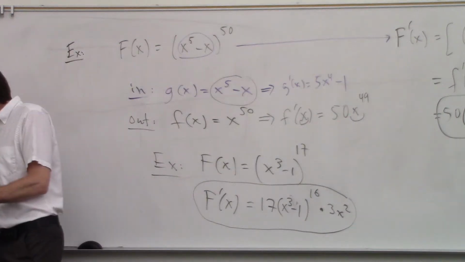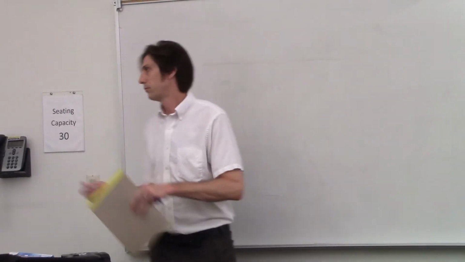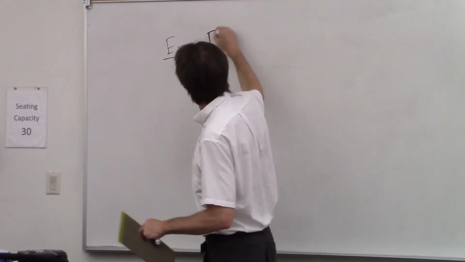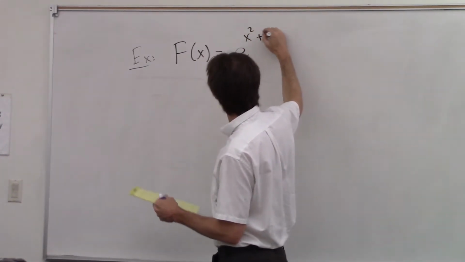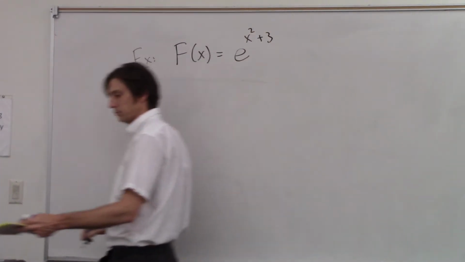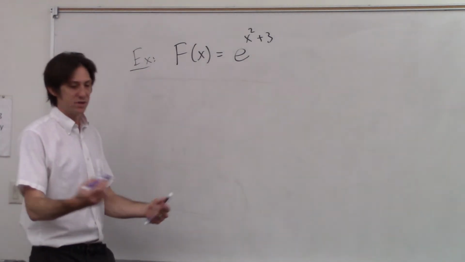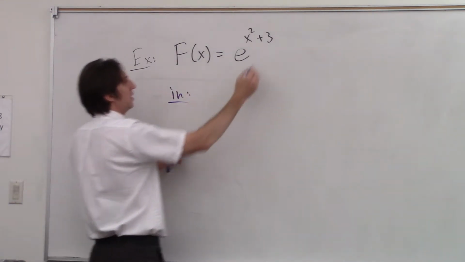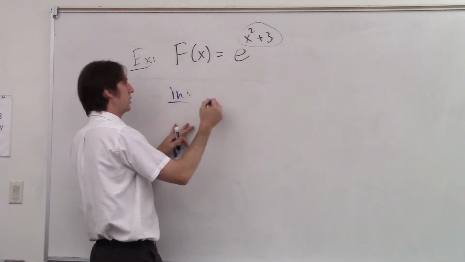I think I have a couple more examples. Let's say capital F of x is e raised to the x squared plus 3. You need to be able to recognize this also as a composition. The inside function is the first function that's being done, in other words, the exponent here.